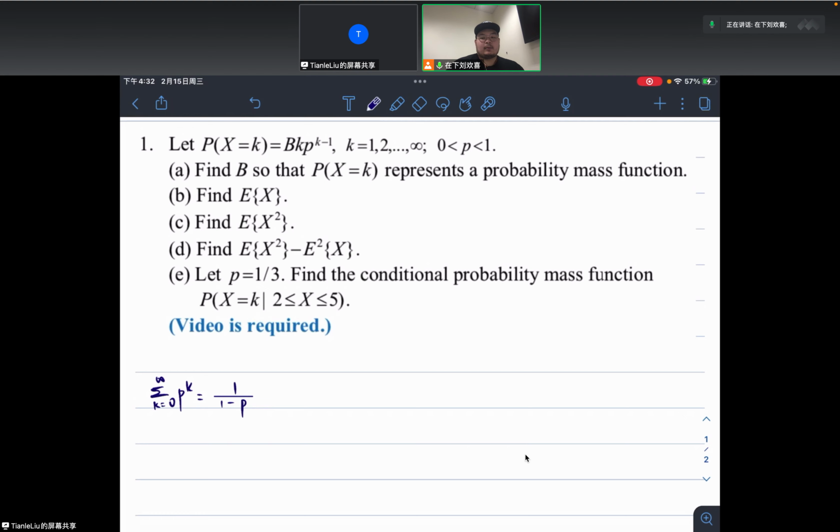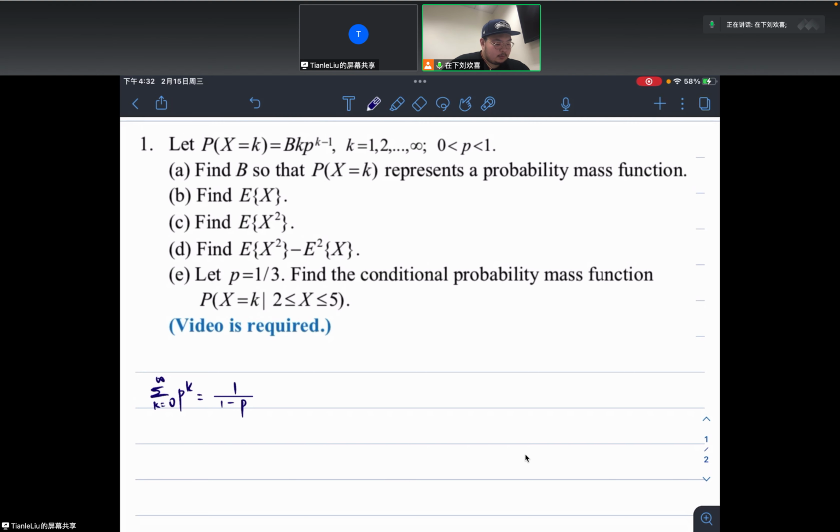This is the sum of the geometric series that we will use for this problem. The point is that to build up the probability function, we need to use this as the tool to help us prove that.